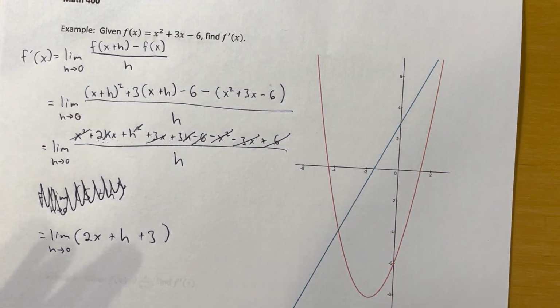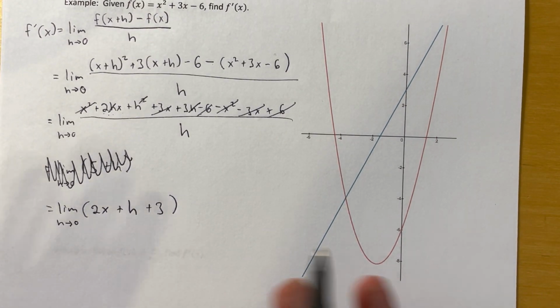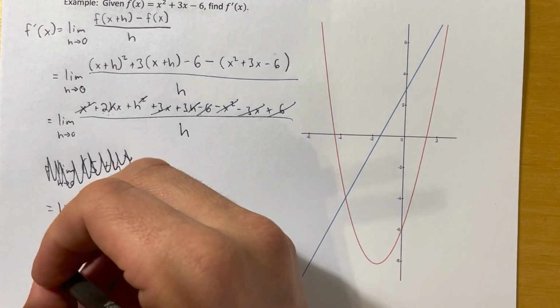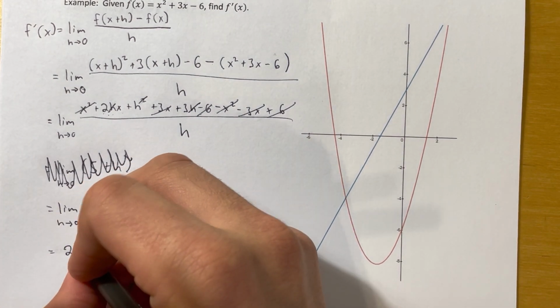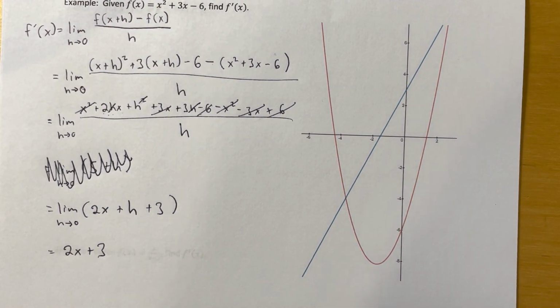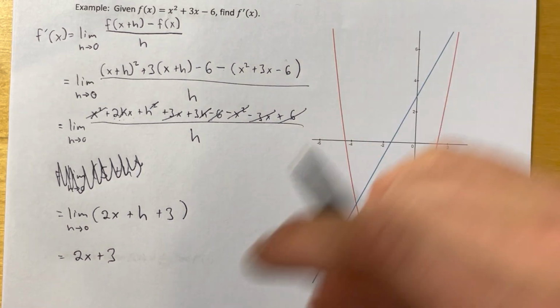Okay? Now I have a polynomial and I can use direct substitution. Plugging a 0 in for h leaves me with 2x plus 3. Okay. Yeah, I almost botched that up.